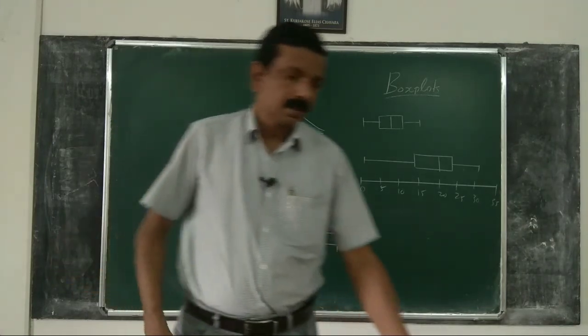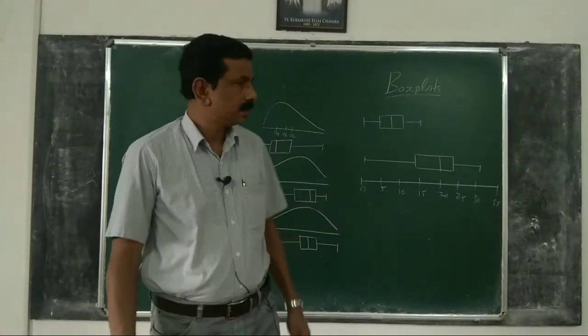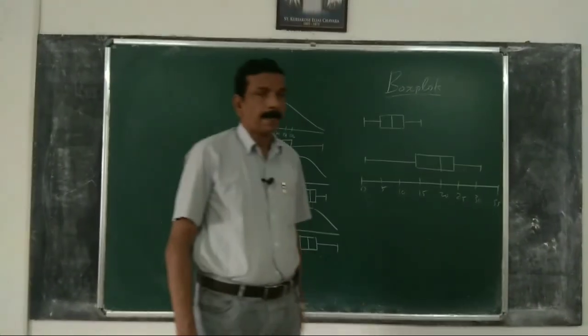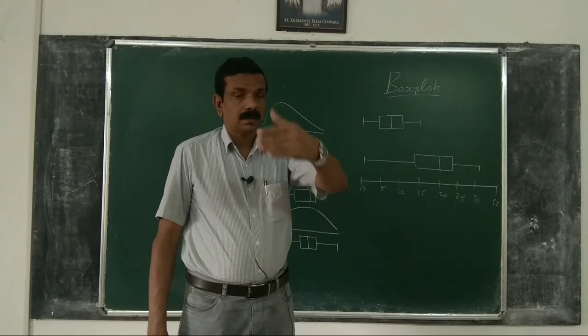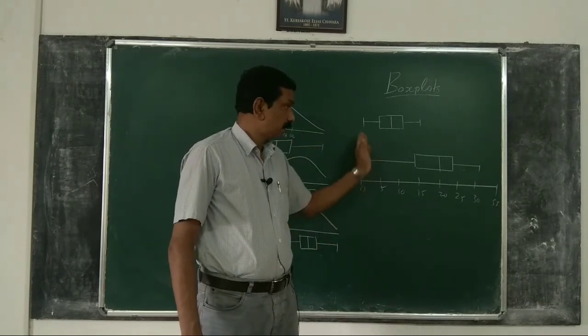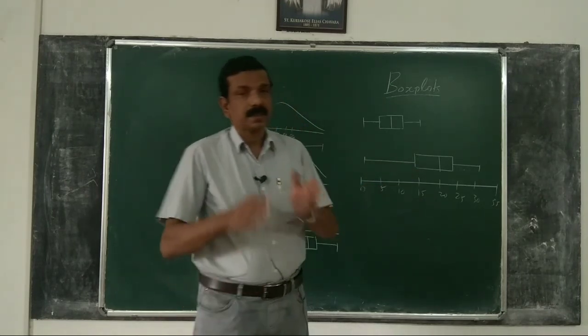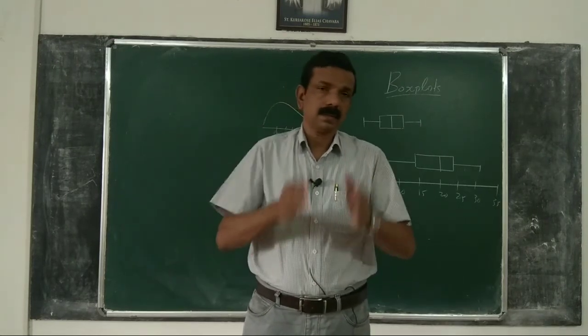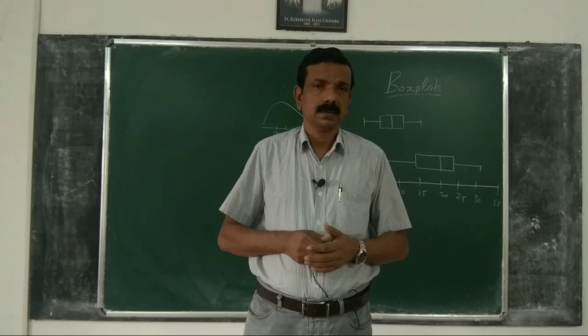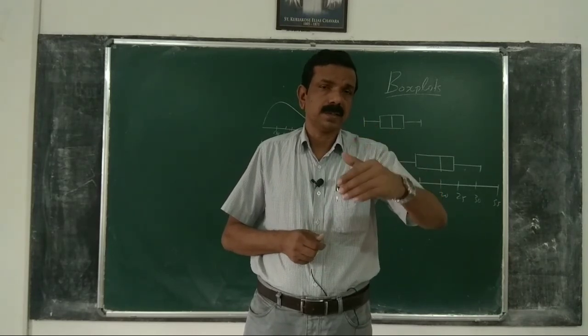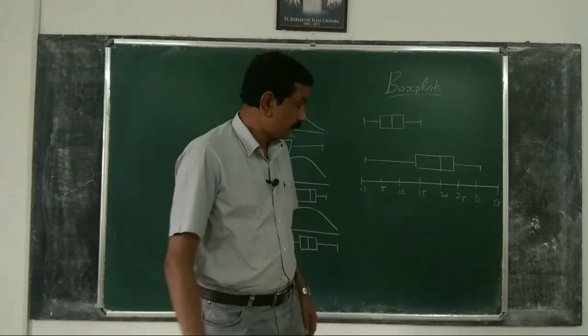Box plots are extensively used to display data, because they give you information about the location of the data sets, the extent of the spread, and the spread within different quarters: in which quarter the spread is high and in which it is low.